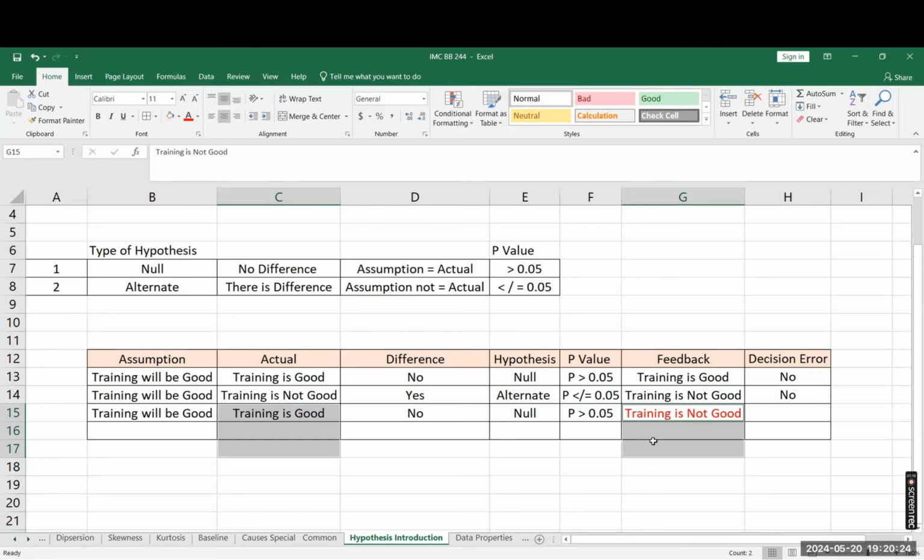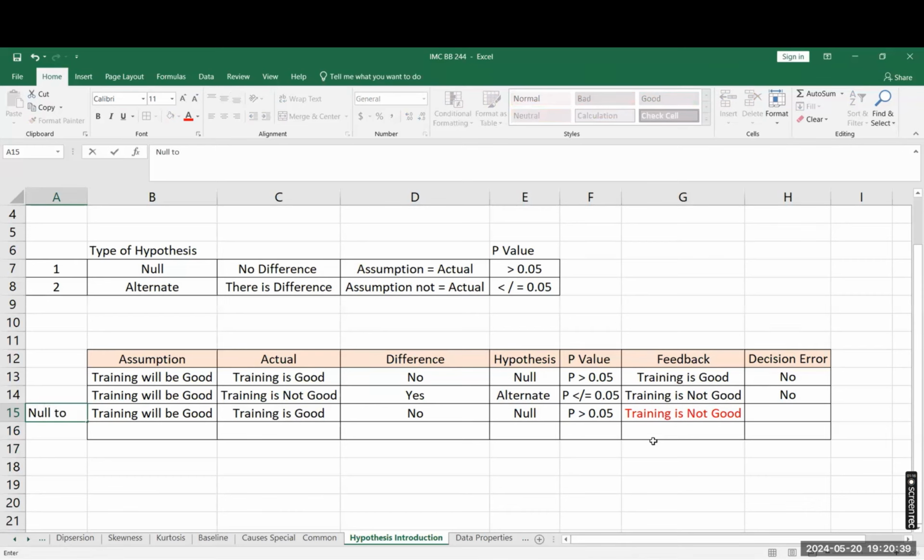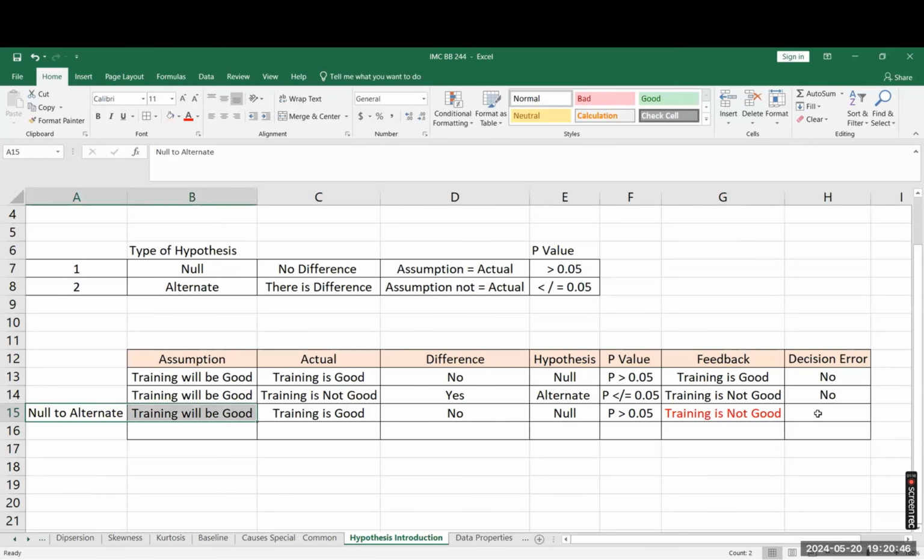Answer is no. What your stats is telling and your practical decision are not the same. There is a difference. Actually there is a null hypothesis, there is no difference, but you are telling there is a difference, which means you are saying it's an alternate. So whenever you say null to alternate, this is a type 1 error, or sometimes we call it an alpha error.